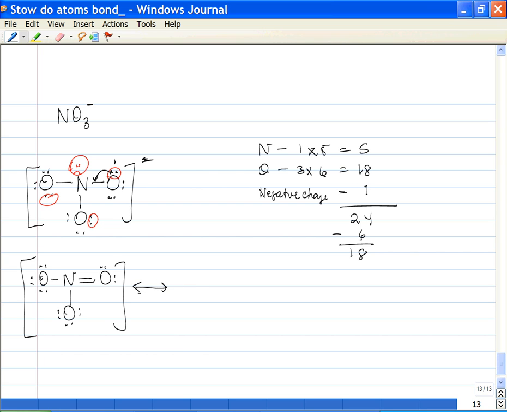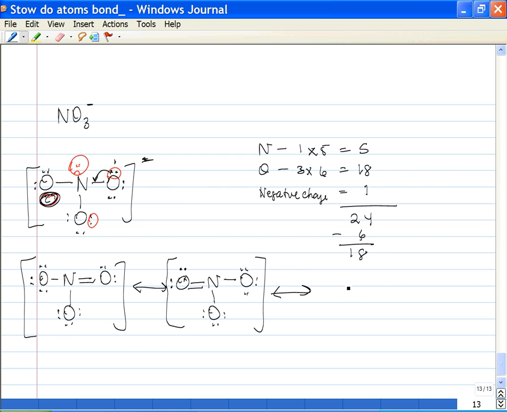So this is our structure. But we also equivalently, just the same way, could have moved it from this pair, and end up with a double bond on that side.